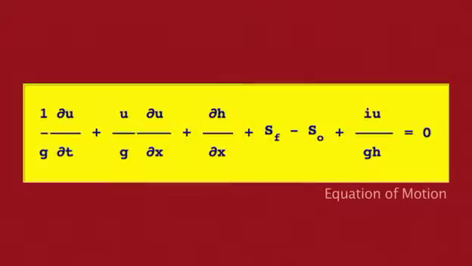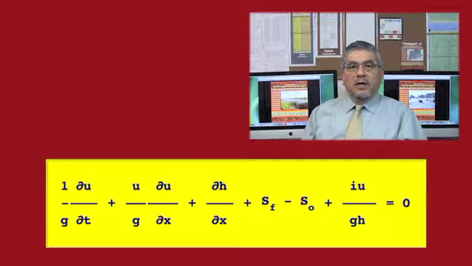A statement of conservation of momentum leads to the equation of motion, where S sub F is friction slope, S sub O is bottom slope, and G is gravitational acceleration.